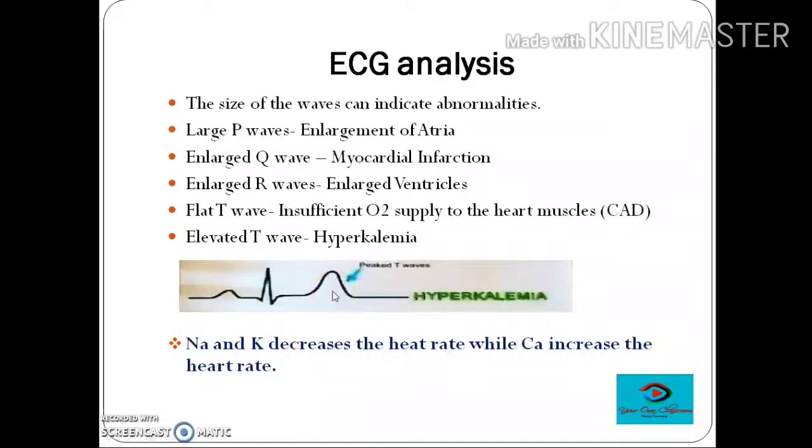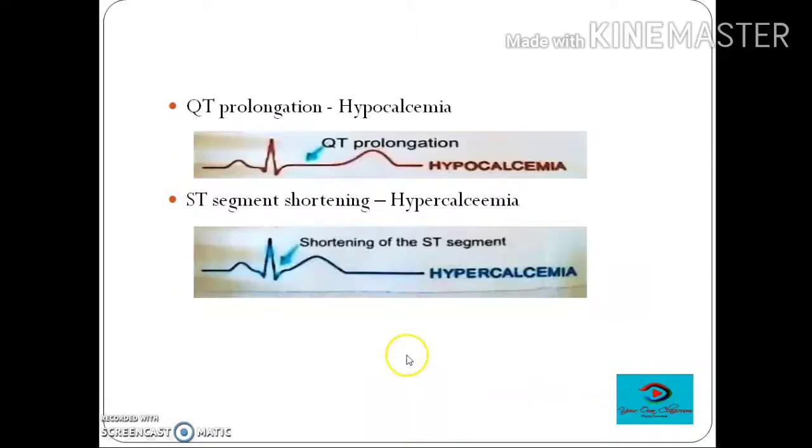Now you might be thinking that we are emphasizing the role of potassium, sodium and so on. So what do they do? Sodium and potassium decrease the heart rate while calcium increases the heart rate. So you must remember this.